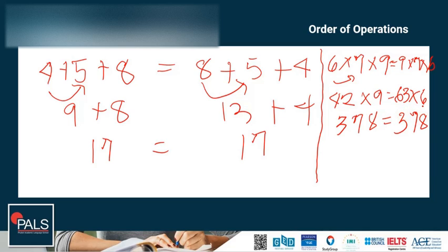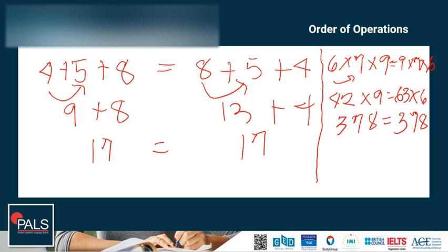So these examples just prove that when you add a string of numbers, you can add them in any order you like. The same thing with multiplying a string of numbers. You will always have the same answer.